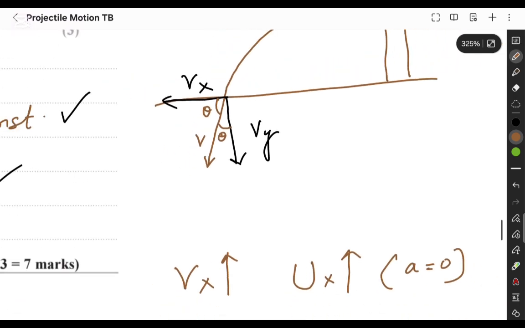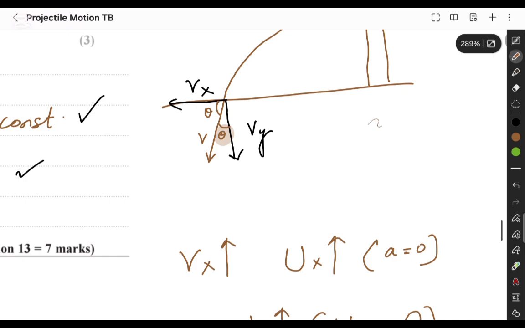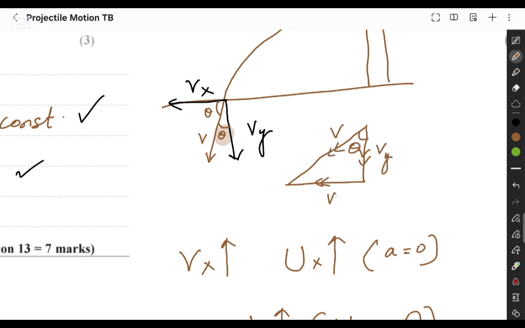So when you take this angle as theta, you're going to get your triangle like this. Okay, and this is going to be your theta. V, Vy, Vx, and then for this, you're going to have tan theta is equals to Vx over Vy.